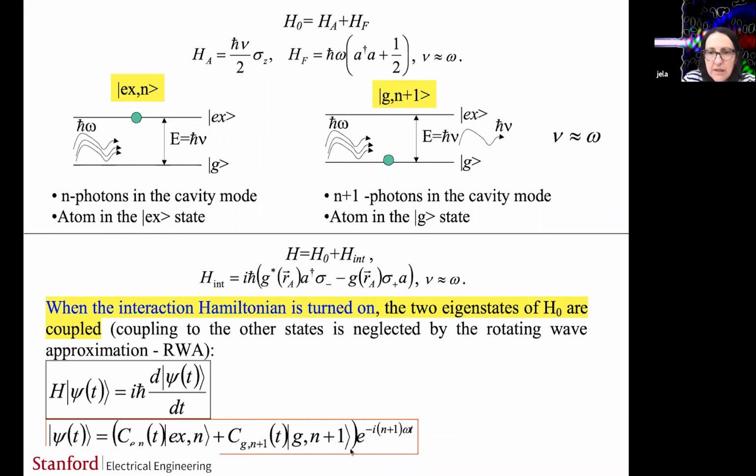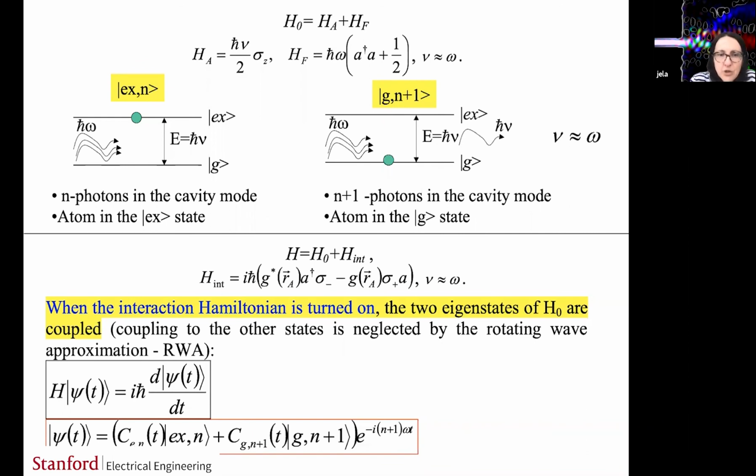This term is basically coming from the dominant term in the eigenenergy of these two states. If nu is equal to omega, this is exactly the frequency or energy that these two states would have. You don't have to take it out. It just makes C_Ex,n and C_G,n plus 1 slowly varying. You can solve the problem even if you don't do this, but it makes the solution a little bit easier if you pull it out this way. Again, that's just math, it's not physics.